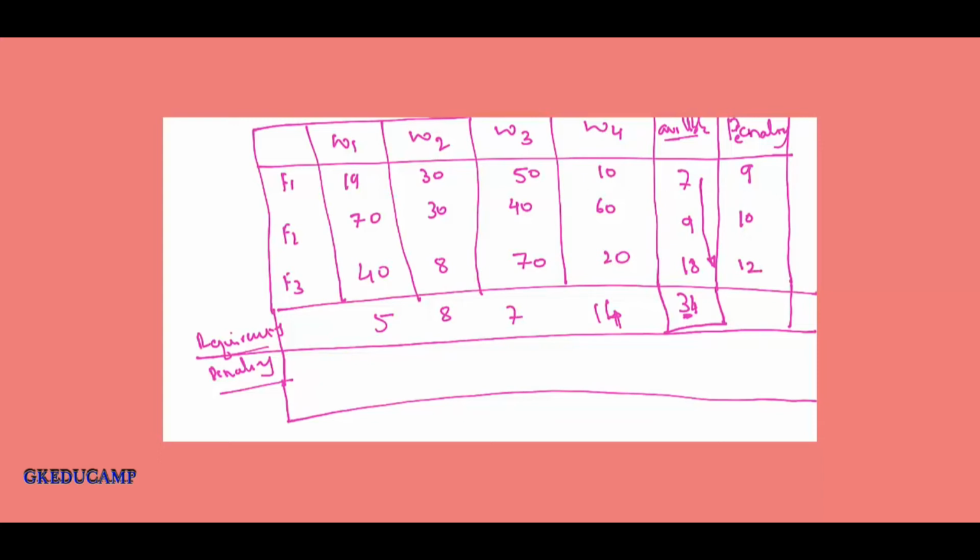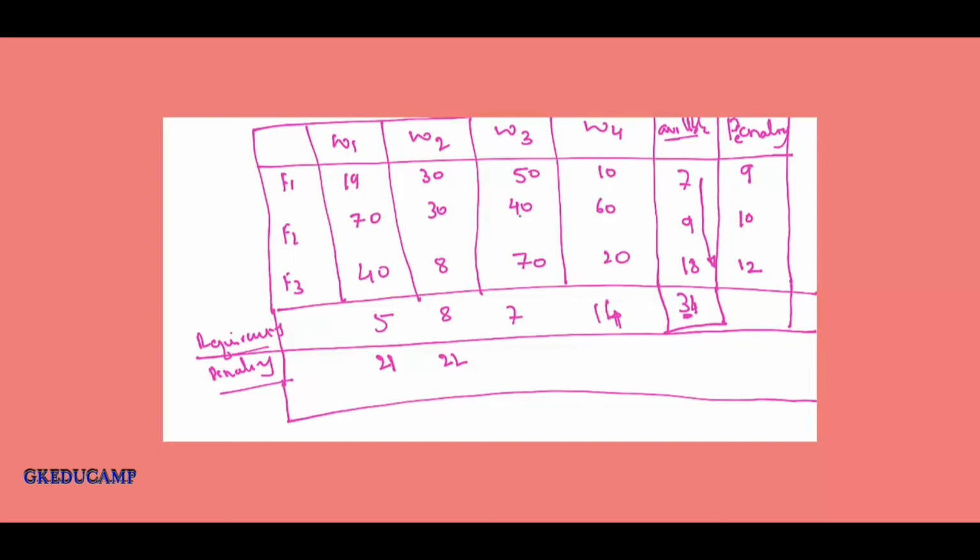We have found the penalties for the three rows, and now follow the same method for the columns. In the first column, 19, 70, 40: 19 is the minimum and 40 the second, so 40 minus 19 gives 21. Second column: 30, 30, 8: 30 minus 8 gives 22.